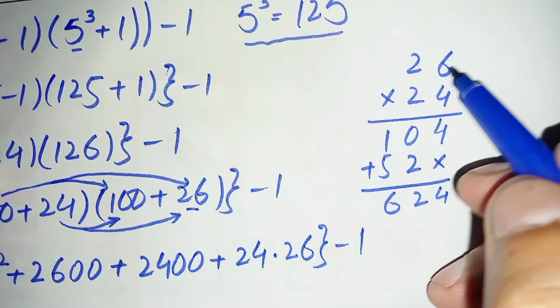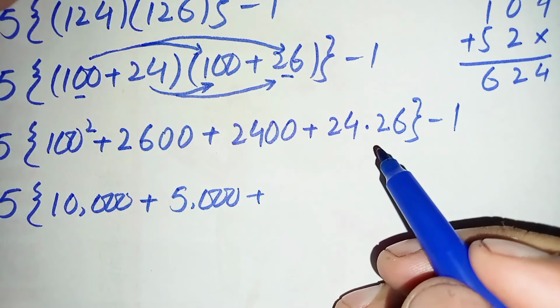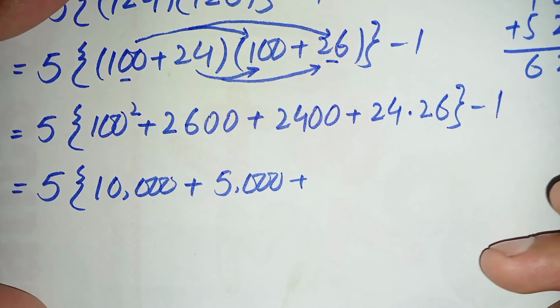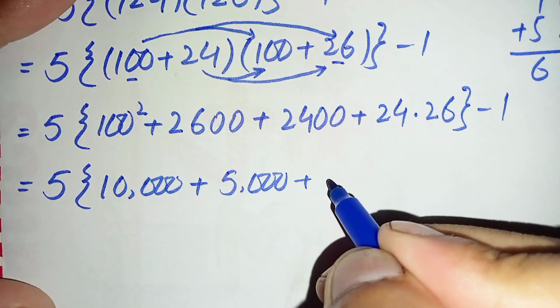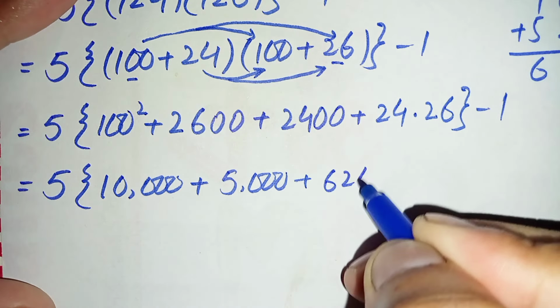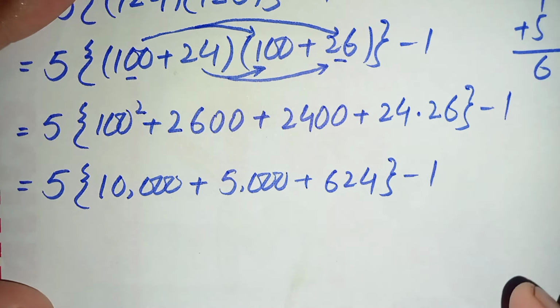So the product of 26 and 24 gives 624. We replace this product with this value, 624, braces close, minus 1.